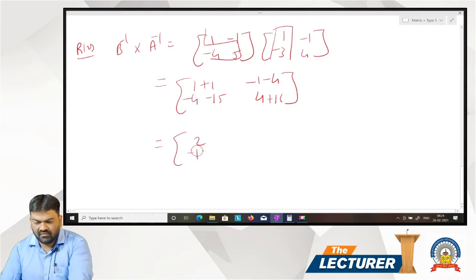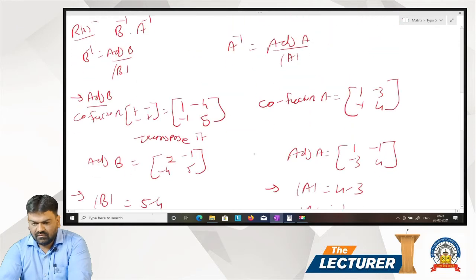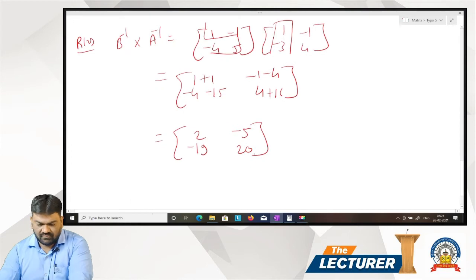So [4 -5; -19 24]. This is our right hand side.